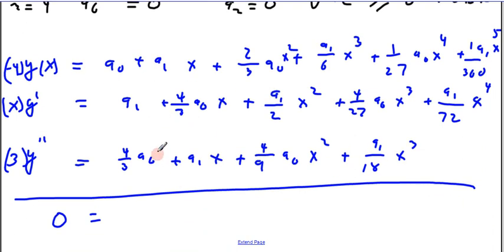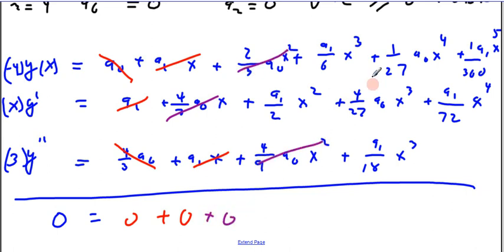Okay, the a0 term, minus 4a0 plus 4a0, it goes away. The x term, minus 4a1 plus 4a1, it goes away. The x squared term, 12 thirds minus 12, minus 8 thirds, 4 thirds, and 4 thirds, so it goes away.